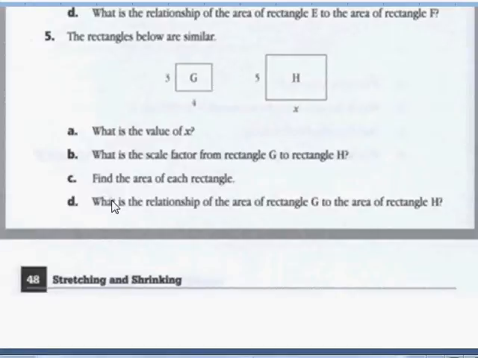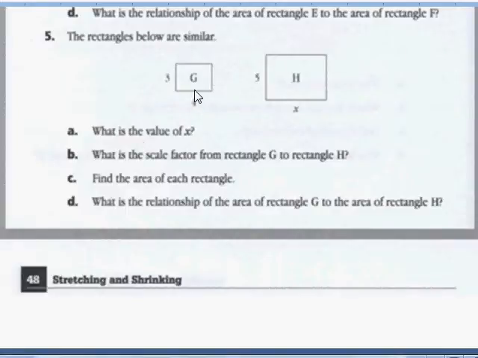Alright, for D, it says, what is the relationship of the area of rectangle G to the area of rectangle H? Well, G is smaller than H. So the scale factor from H to G is 3/5. So if we square the scale factor, 3/5 squared is 9/25.